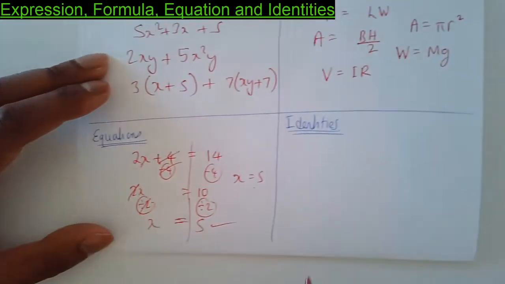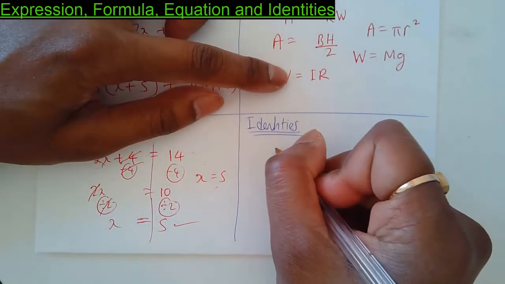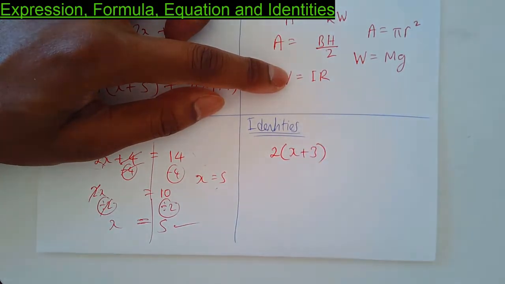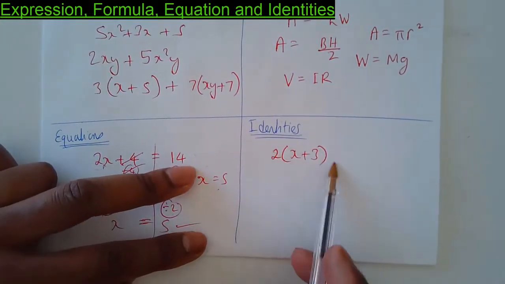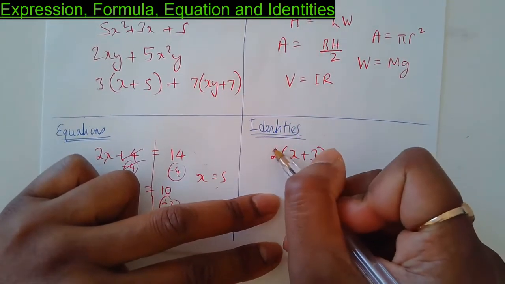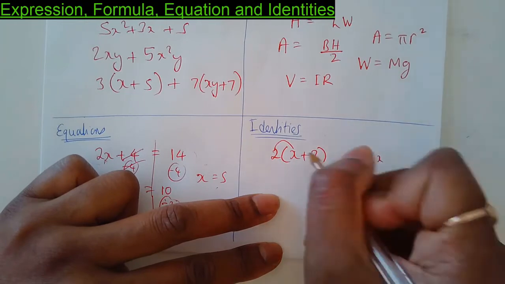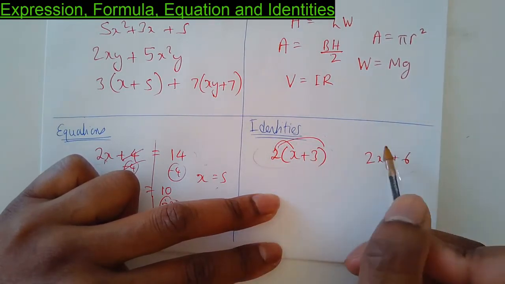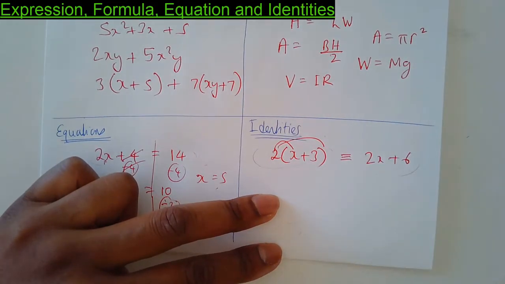Right, what's an identity? So for example, if you had this, well, that's just an expression. That itself is an expression. But if I was to expand this, 2 times x is 2x, 2 times 3 is 6. This is identical to this, and that's the symbol.